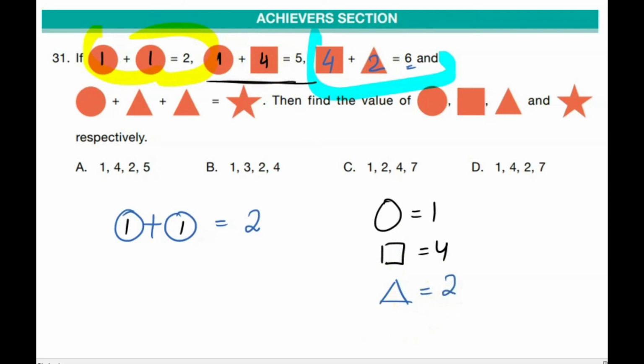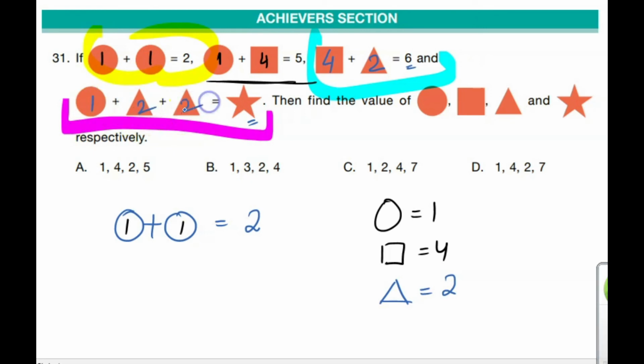Now come to the last equation. Here we have to find the value of star. Circle we know is 1. Then triangle is 2. Again triangle is 2. What's the total value? 2 plus 2 plus 1. That means the star is equal to 5.